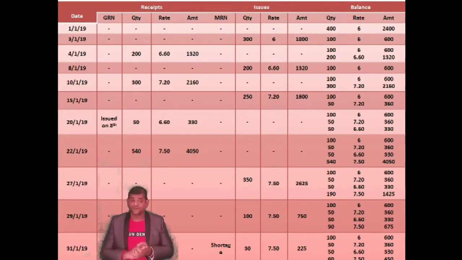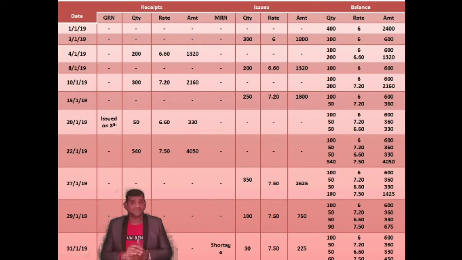Now on 4th January 2019, there was a purchase of 200 units at rupees 6.60 per unit. So calculate, quantity 200 units into 6.60 comes to 1320 rupees. Now issues column, MRN nil, quantity nil, rate nil, and amount nil.